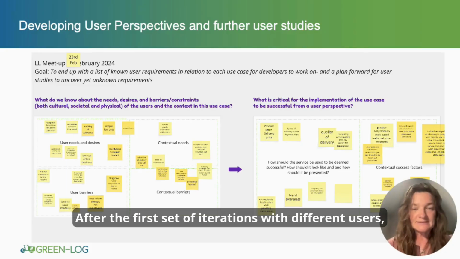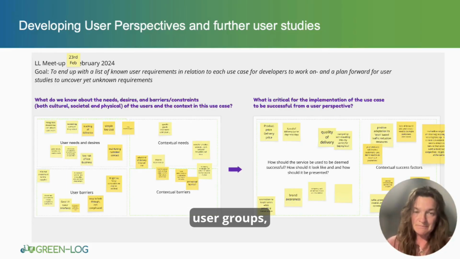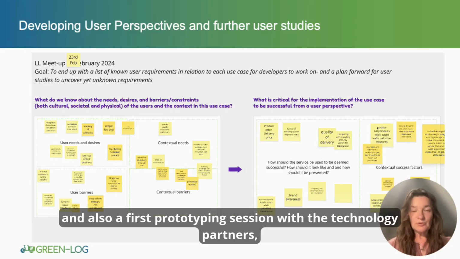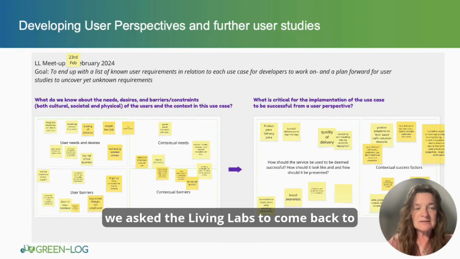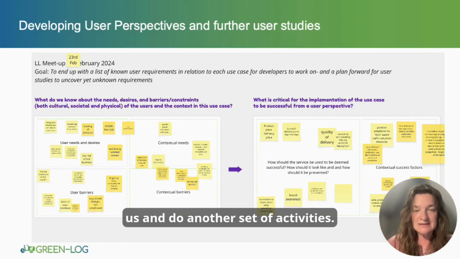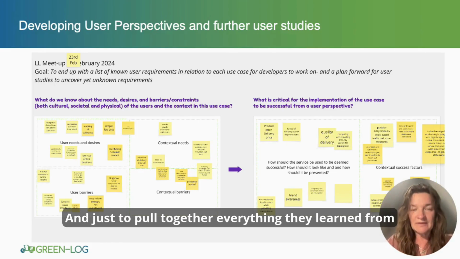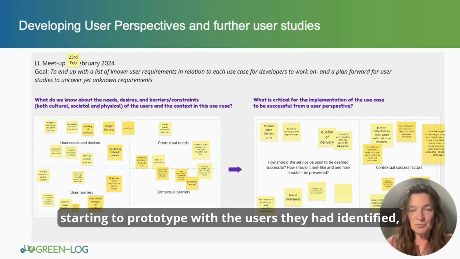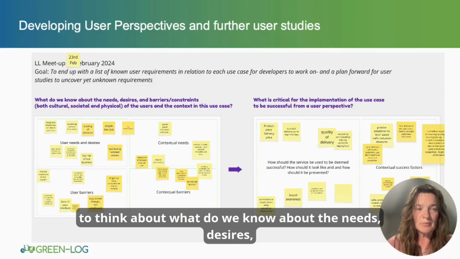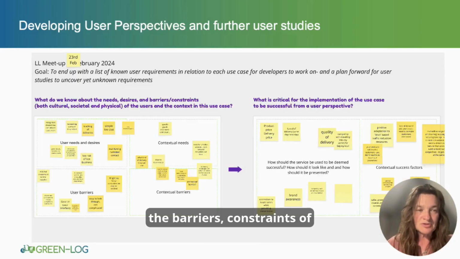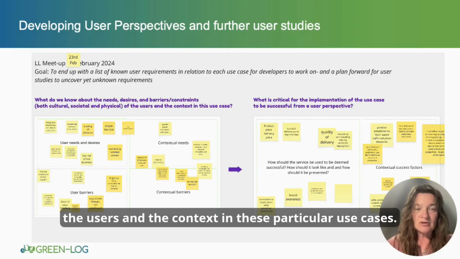After the first set of iterations with different user groups, and also a first prototyping session with the technology partners, we asked the Living Labs to come back to us and do another set of activities, to pull together everything they learned from prototyping with the users they had identified. What do we know about the needs, desires, barriers and constraints of the users and the context in these particular use cases?